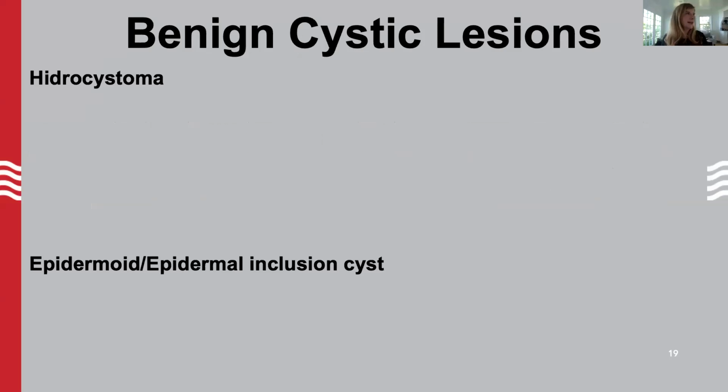So benign cystic cutaneous lesions around the lids, basically divided into two different categories, hydrocystomas and then epidermoid or epidermal inclusion cysts.